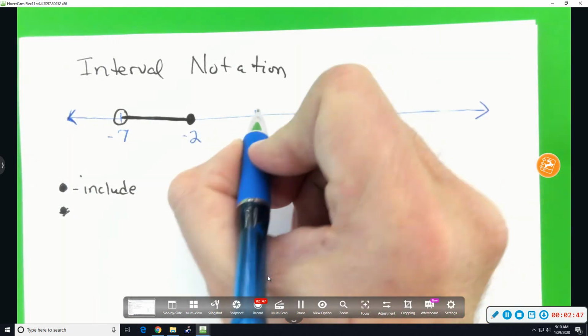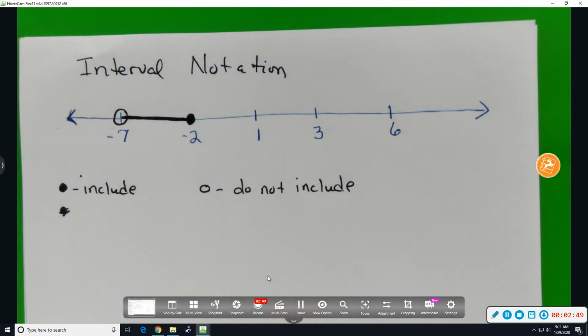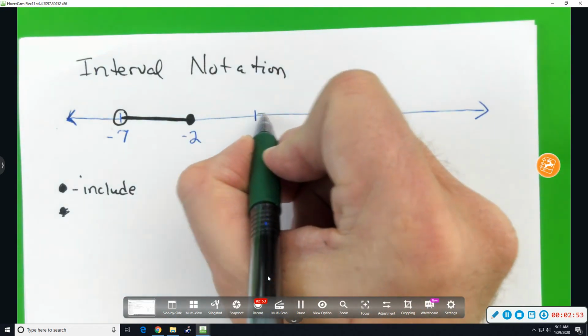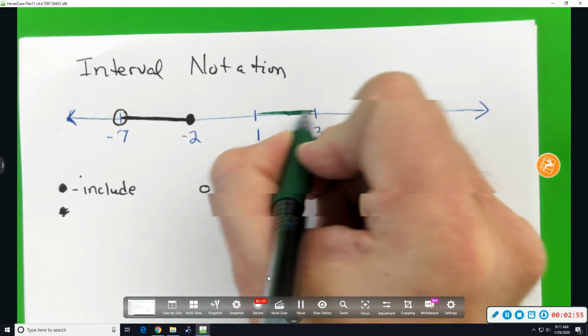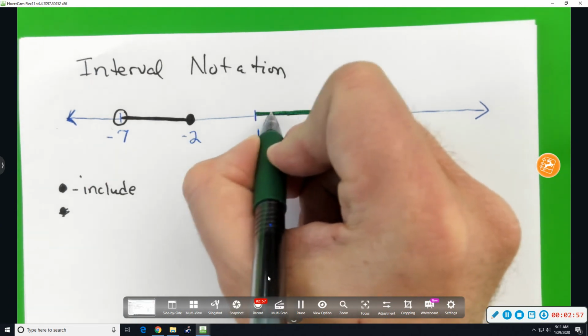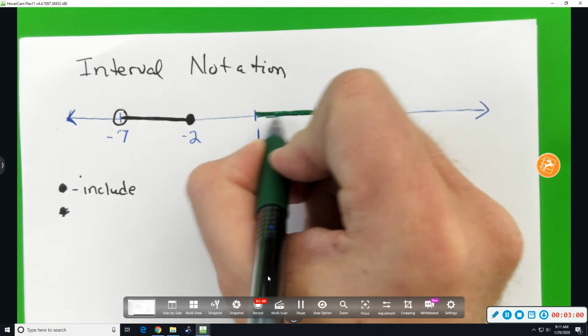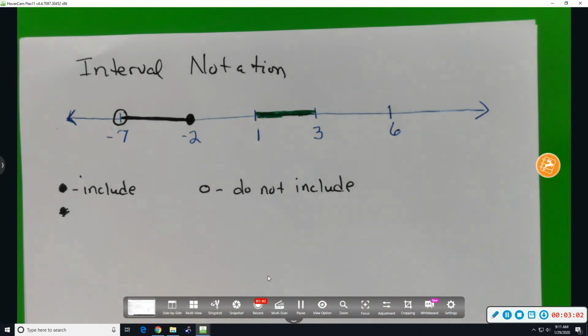What about this? Oh, no, I don't want to use blue. I'm going to use green now, and I'm going to shade all the numbers between 1 and 3 green. If you're thinking, well, wait a minute, the only number between 1 and 3 is 2. No. This time when I'm talking about numbers, I mean all those decimal numbers and fractions out there. Like 1.325 is between 1 and 3.